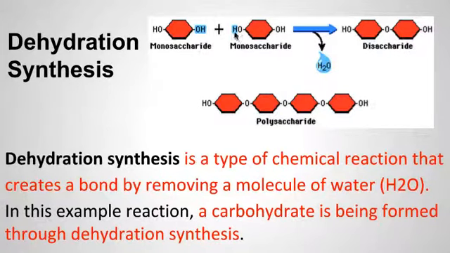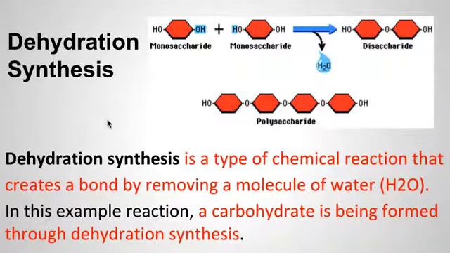You can see how there's an OH and an H. We take out that OH and H, we make H2O, and we put together these two monosaccharides, which are the monomer of carbohydrates. We put them together to make a disaccharide, and if we keep putting them together, we can make a polysaccharide, which means basically we just have a bunch of sugars linked in a row to make a long string of carbohydrates. Every time we put them together, we're taking out water.